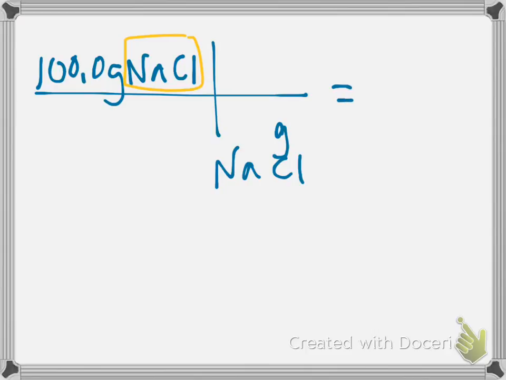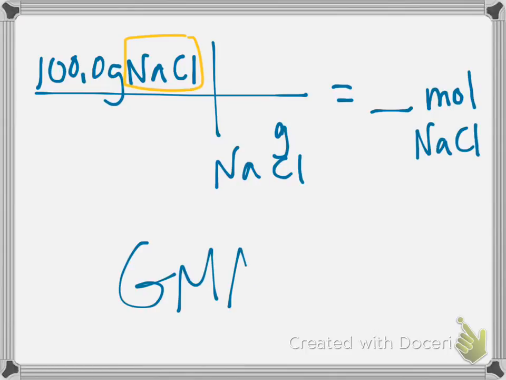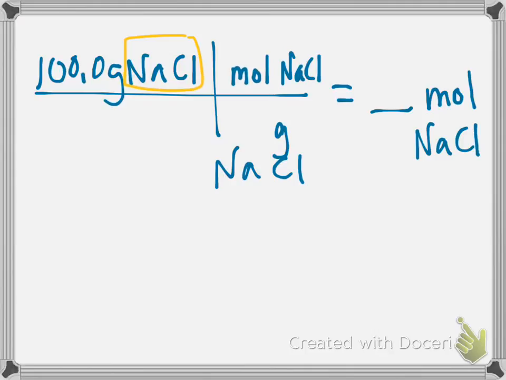And we want to end up in moles of sodium chloride. Can we go straight from grams to moles? Yes. We don't have to go through molecules or formula units. So this will be moles of NaCl.